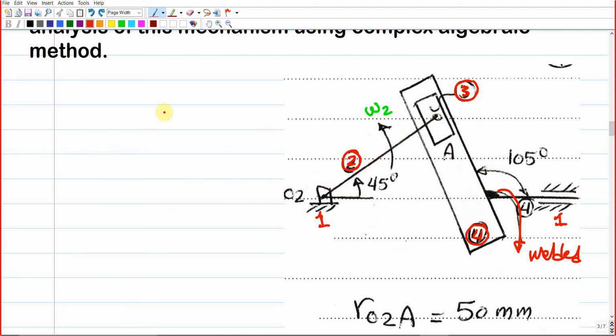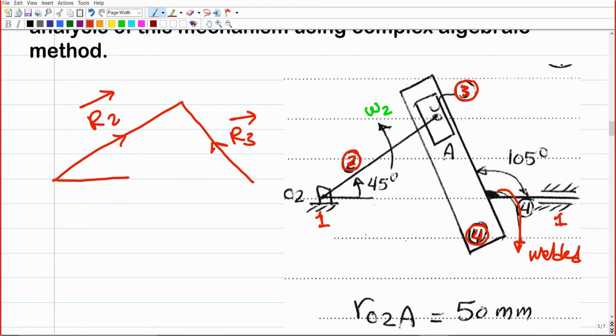We're gonna have R2 vector, which is this R2, and parallel to the sliding motion of the slider, we'd have R3, right? So from this point R3 should be going to the slider.